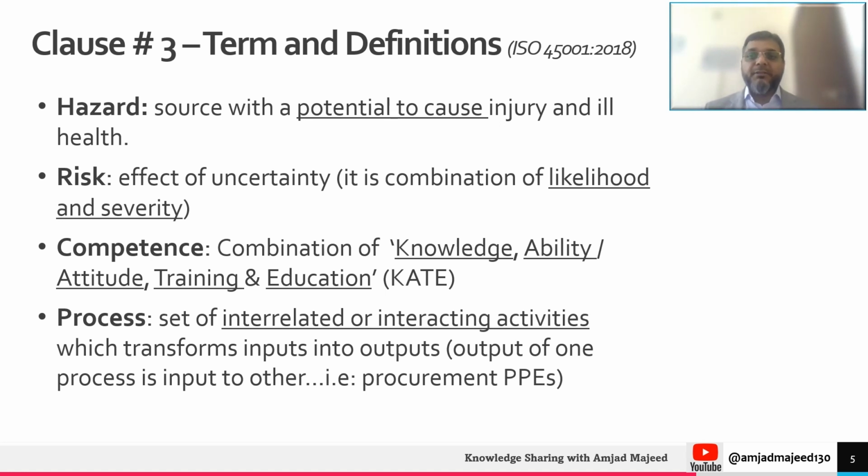Now risk. What is risk? Definition wise, it is the effect of uncertainty. But as a common understanding, even an illiterate person, if you discuss with him, you will find that the person is even using the term risk.